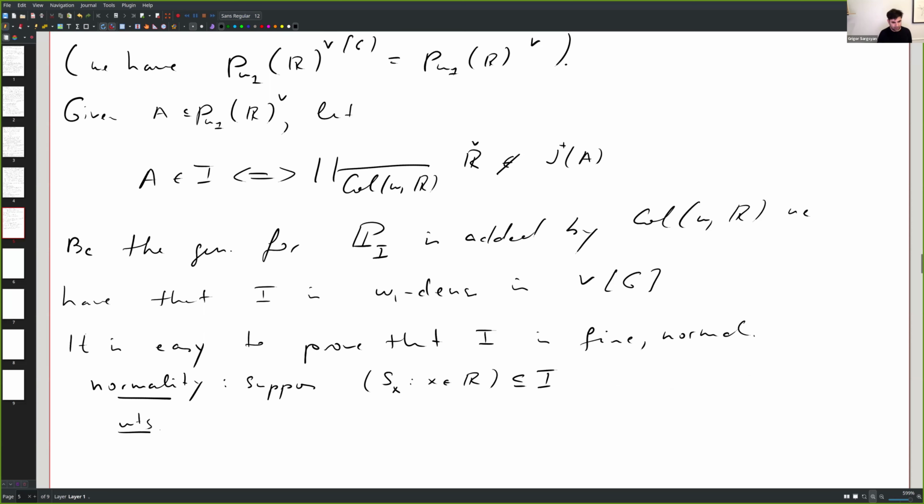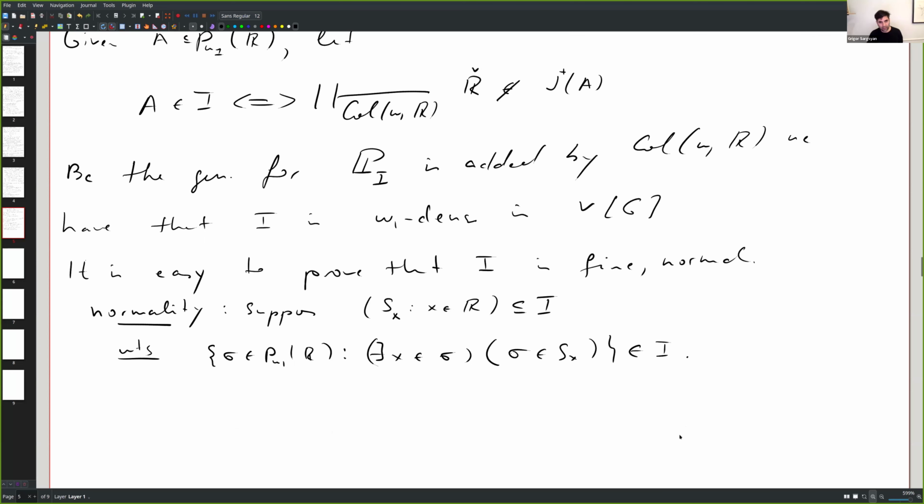So we want to see that the set of sigma in P omega 1 of R such that there exists an X in sigma with the property that sigma is in S_X, right? This is in the ideal.